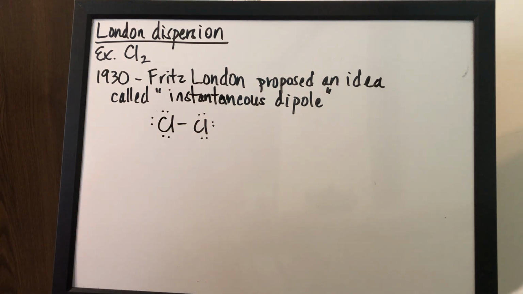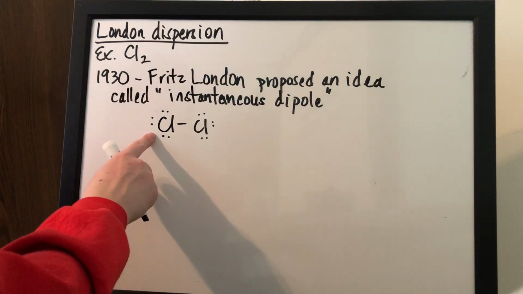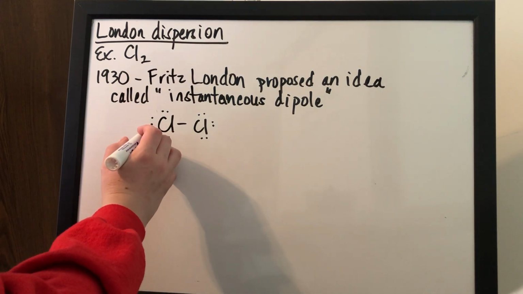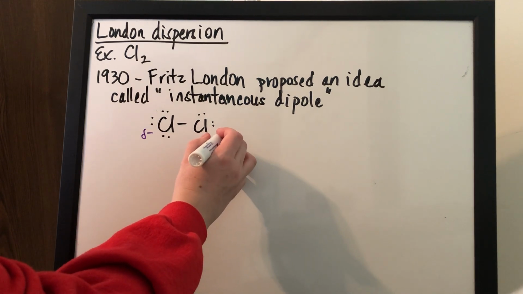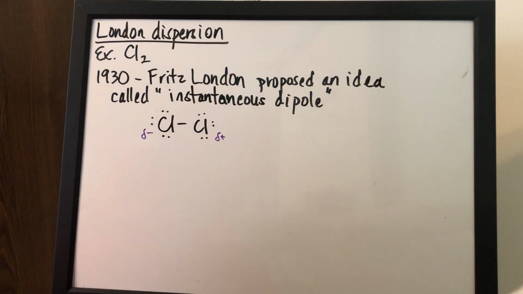But then in another instant in time, that could be reversed. So he referred to these as instantaneous dipoles, meaning just for an instant in time, if there's more electrons on this chlorine, it is going to acquire a partial negative, and this chlorine for an instant would acquire a partial positive. But then, of course, that could be reversed if the electrons move.